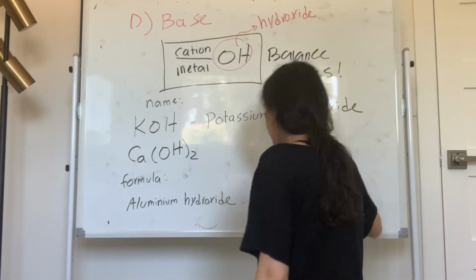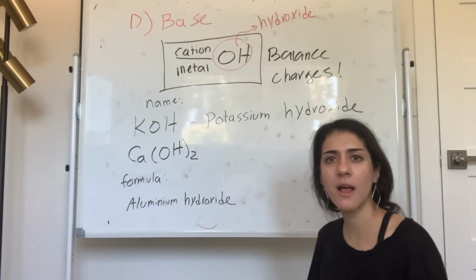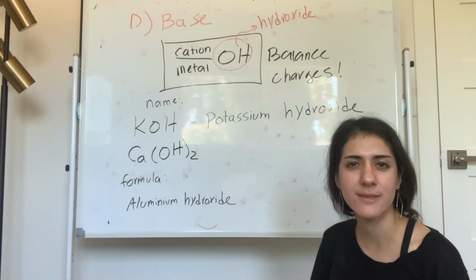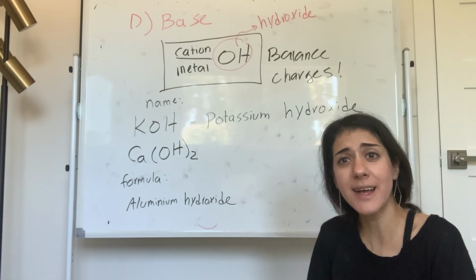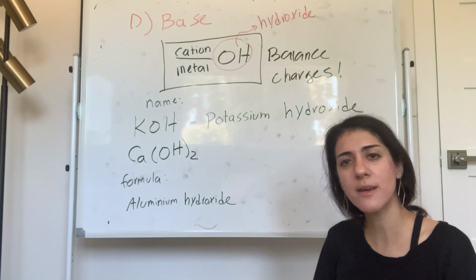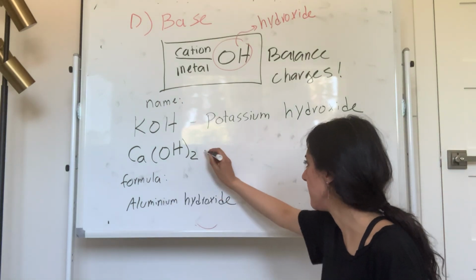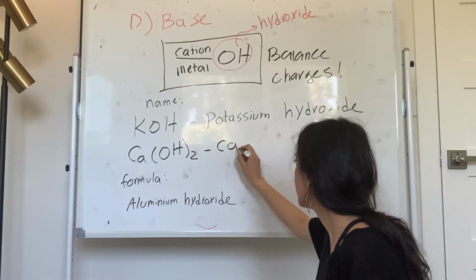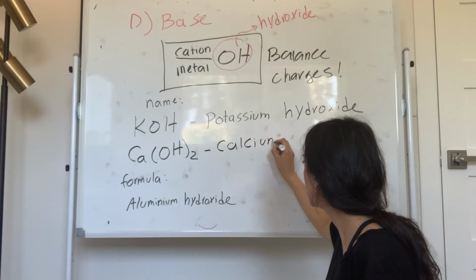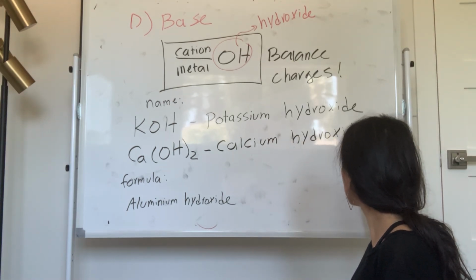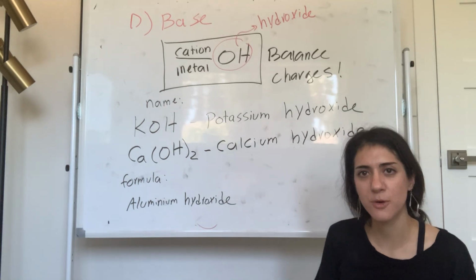Bases, you treat them just like ionic compounds for naming and writing. You have to balance the charges and you name them exactly the same way you would name an ionic compound. And OH is hydroxide, a polyatomic ion. What is this one? Ca is calcium hydroxide. Calcium hydroxide.